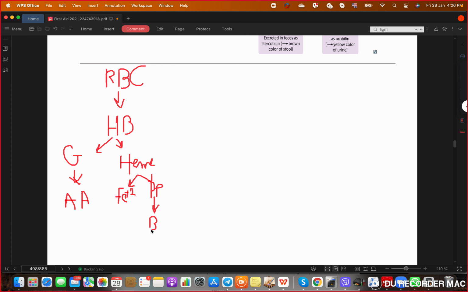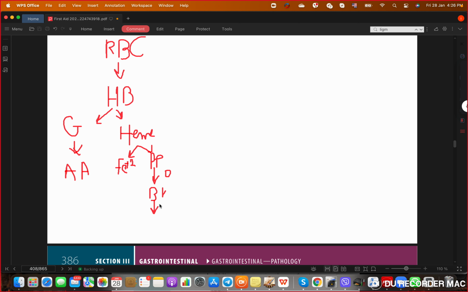Protoporphyrin becomes biliverdin by an oxidase, and then biliverdin becomes indirect bilirubin.